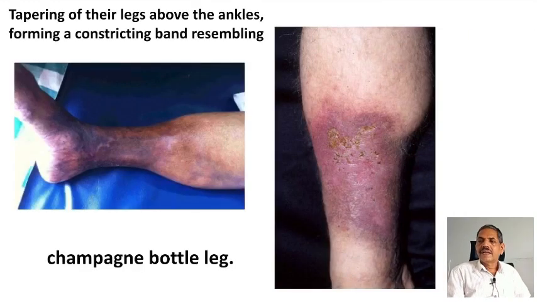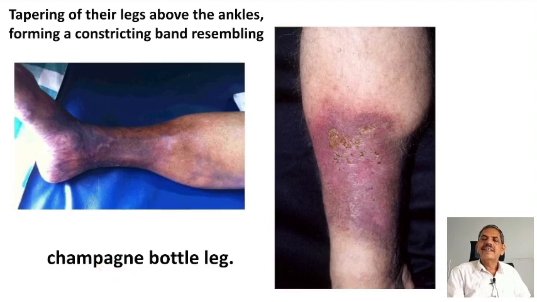This is again a typical leg appearance in the case of lipodermatosclerosis, and it is known to produce a tapering of the legs above the ankle, forming a constriction band resembling a champagne bottle leg.